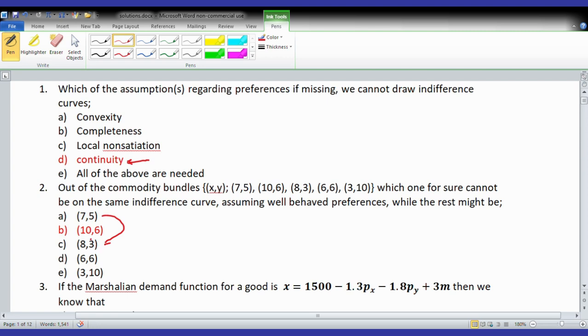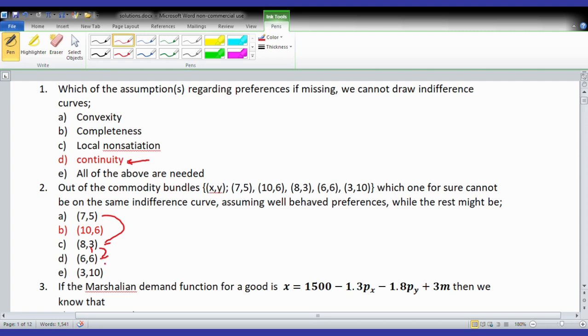Similarly, when we look at option D, again we observe that 6 is less than 8, so one of the goods is decreasing in consumption, the other one is increasing in consumption, so again there is a possibility that these two points might be on the same indifference curve.